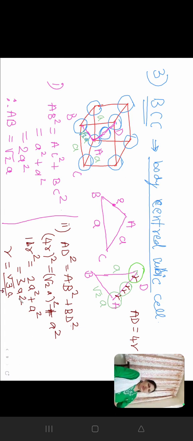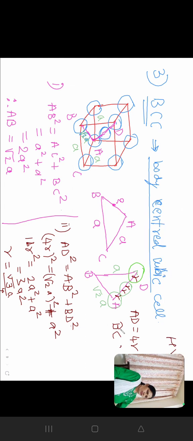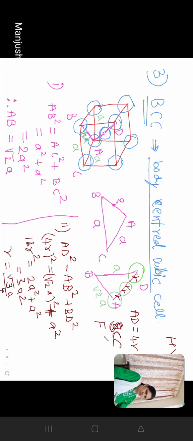So you do one thing, you have to make one table, that is homework for you. First is SCC, simple cubic cell. Then FCC is there, and BCC is there, and you have to write the radius.